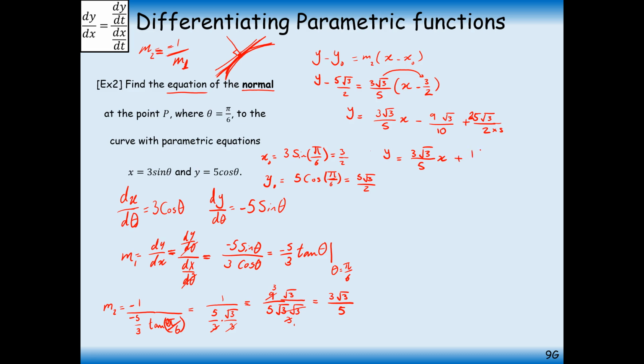So we have positive 16 root 3 over 10. And 16 and 10 can simplify further to this expression. So this is my final answer for the equation of the normal. So I'll see you in the next example.